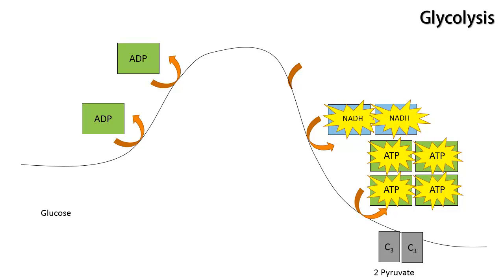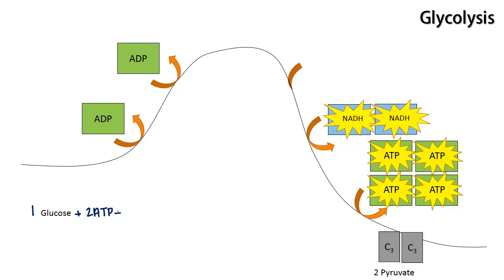So if we were to write out this reaction, as far as what sort of materials we're putting into the reaction and what materials we're getting out of the reaction, we would start with one glucose molecule. So this entire pathway represents all the needed materials for one glucose molecule. So we have one glucose molecule that we're putting into this system.